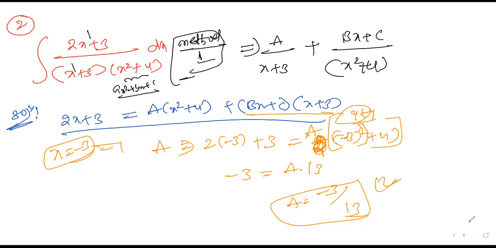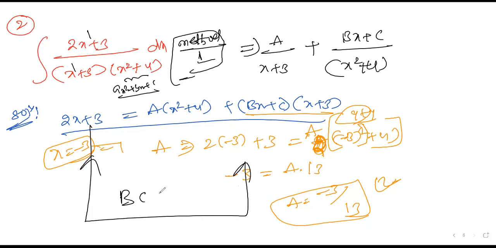After that you need to compare the coefficients, left and right, to find the value of B and the value of C. Okay, am I clear? Right, I'll write the values of the constants. The value of A is equal to minus 3 by 13.